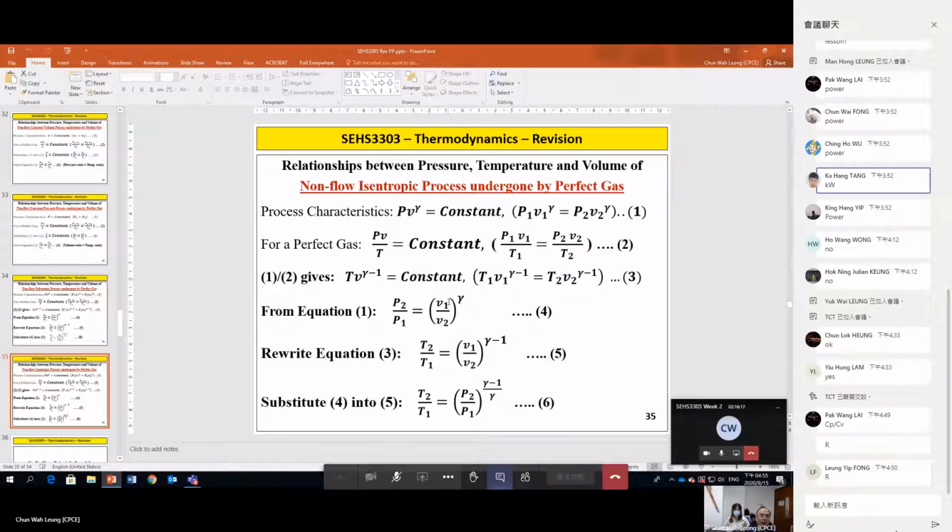It's the same. Equation 1: PV to the power gamma equals constant. Equation 2: PV over T equals constant.